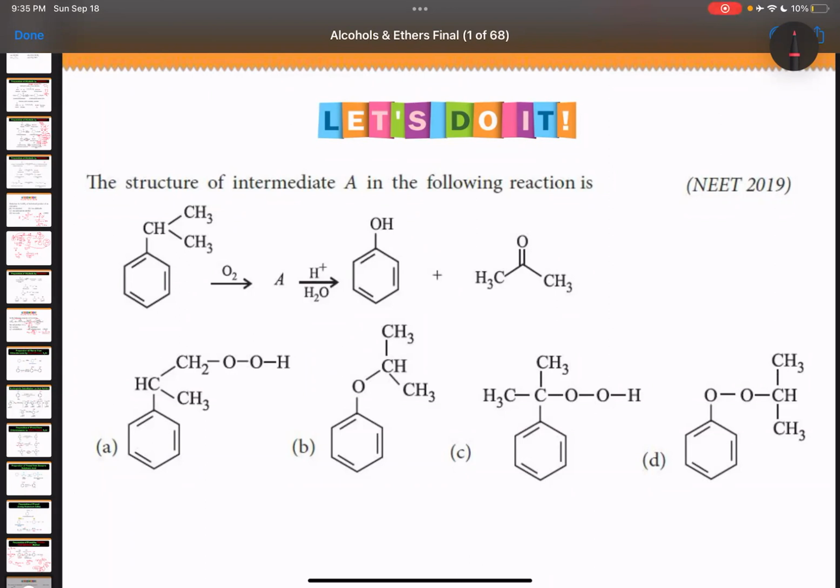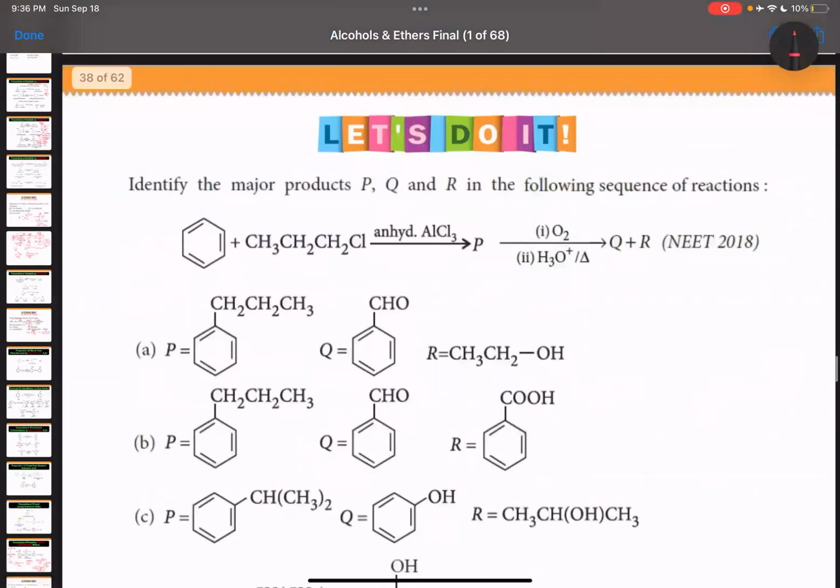Yes, Amaya. Option C. Yeah, exactly. So this is the cumene hydroperoxide, which upon treatment with H+ undergoes rearrangement, and then you get the phenol and this. So this is correct. And what about this one?